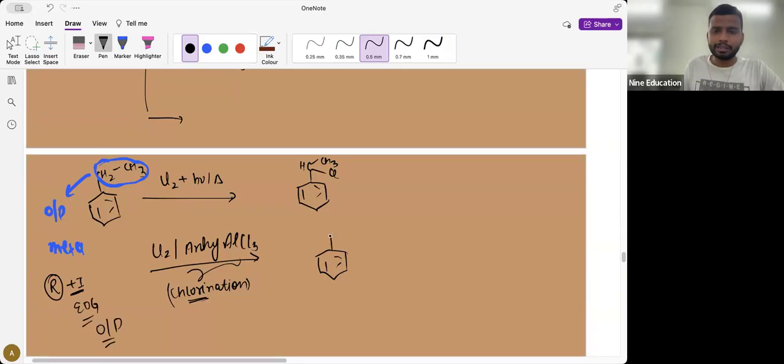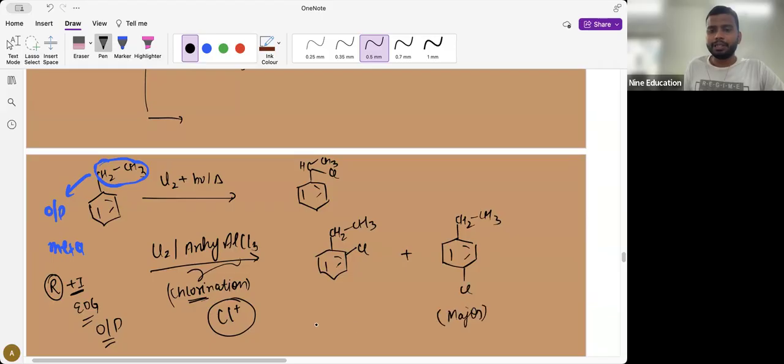So ये क्या करता, this CH2CH3, this will divert the Cl positive, chlorine positive electrophile which was made in this, towards ortho position or para position. So these two products will be formed, and the para one will be the major and ortho one will be the minor.